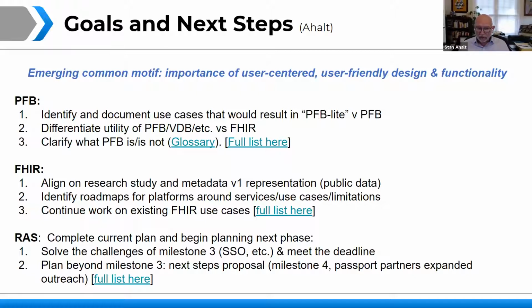RAS, the current plan has to be completed. Brian was very clear about the necessity of trying to stay as close as possible to the timeline that's been established. I know that's challenging in some cases, but we really have to do that. So solve the challenges of milestone 3, which includes single sign-ons, and we need to meet the deadline. And then we need to have some discussions about what we need to do beyond milestone 3.